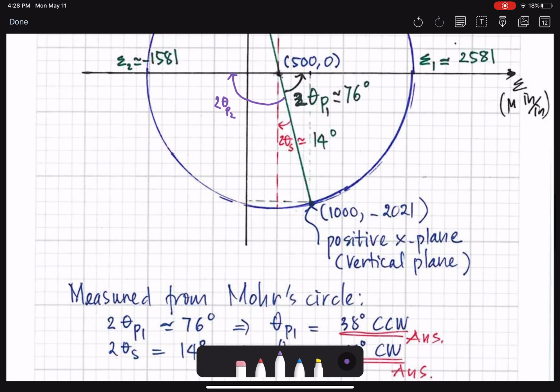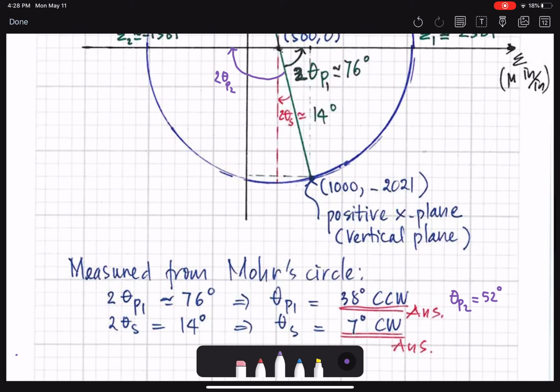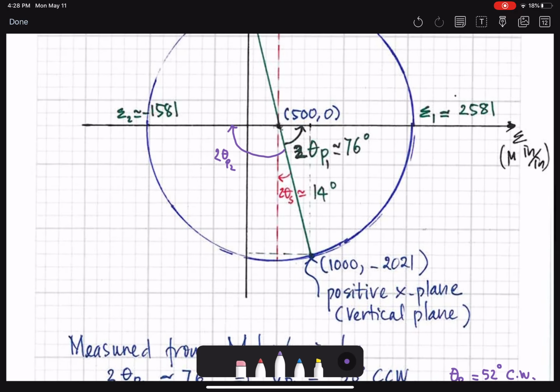So you also have theta p2 equal to 90 degrees minus 38, or you can measure the angle directly. It will be 52 degrees. And you need to show what the direction is. In this case, clockwise. And you can see that it's clockwise. That's one. And that is 2 theta x1, as you can see here.